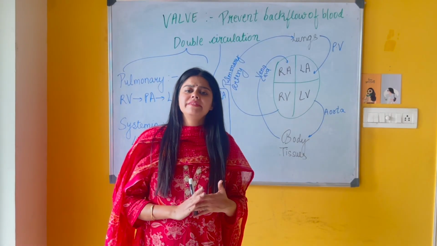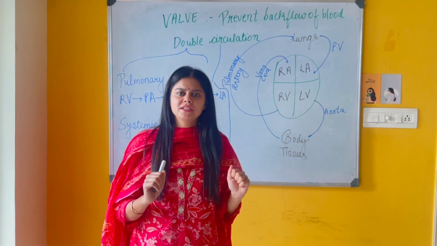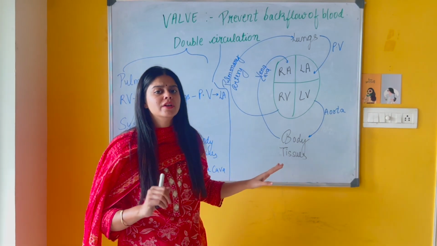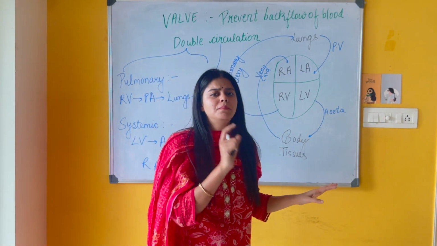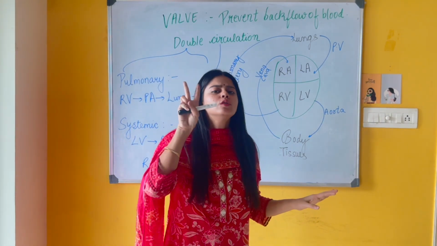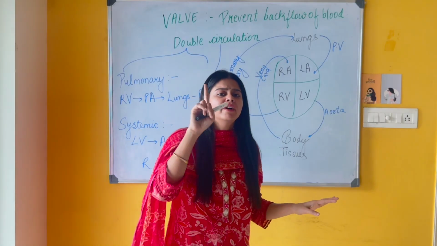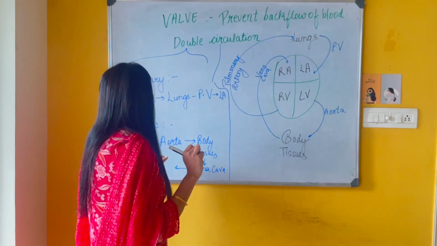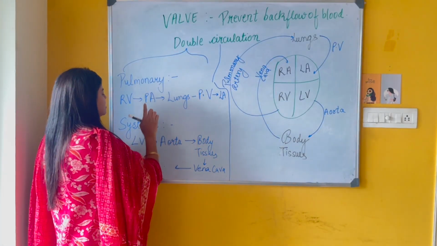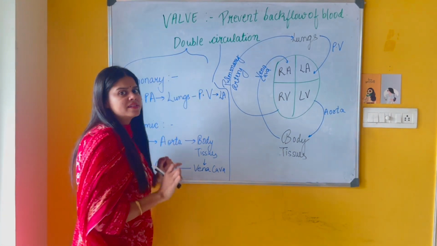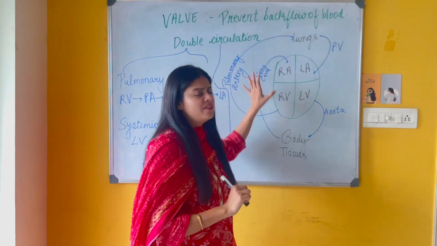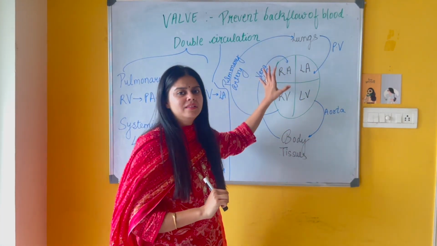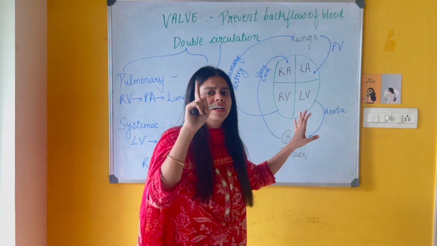So now we have seen the entire diagram of double circulation. What is double circulation? Blood flows twice through the heart to complete one cardiac cycle. So there are two types of circulation in the human body, pulmonary circulation and systemic circulation. There are two types of circulation happening in this diagram to complete one cardiac cycle.